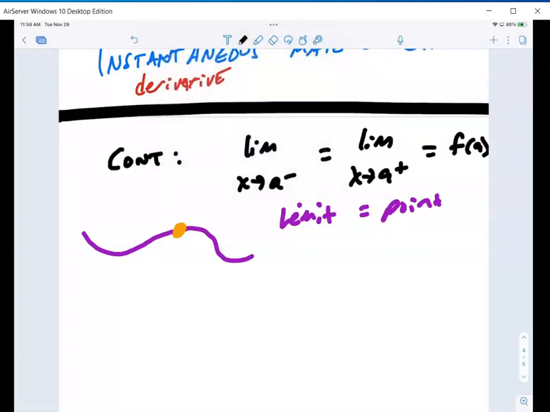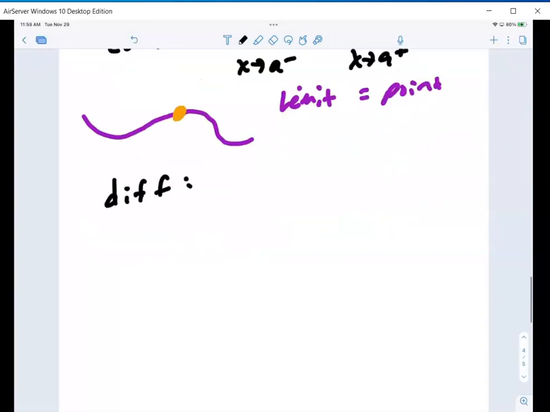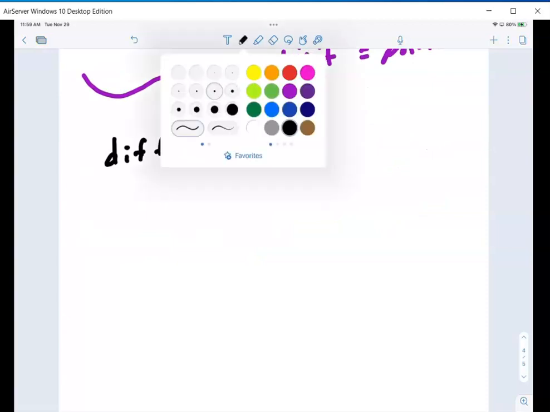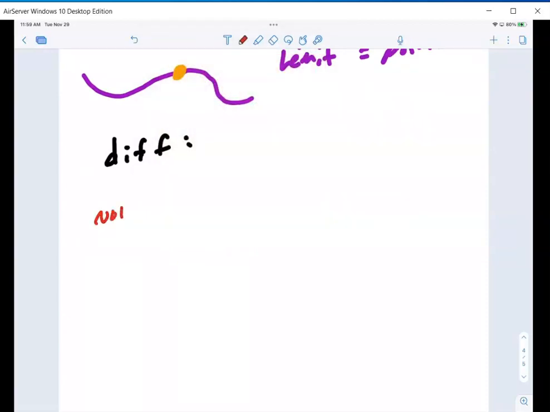In order to be differentiable, basically the derivatives have to be continuous. Now, it's easier to talk about differentiable by saying things that are not differentiable. Okay, and there's basically 3 things. If you have a break in the graph, it's not differentiable, or a hole.